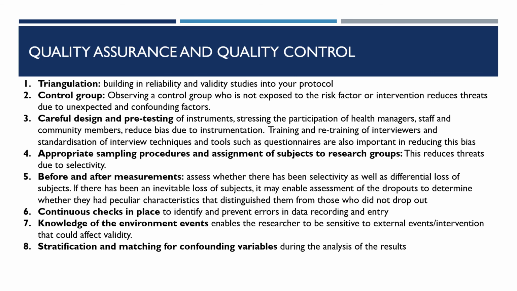Training and retraining the interviewers, and standardizing interview techniques and tools such as questionnaires are also important in reducing bias. Many other techniques from the field work to the analysis, like stratification and matching for confounding factors during analysis of the results, could be used to make sure that we can measure what we truly want to measure.